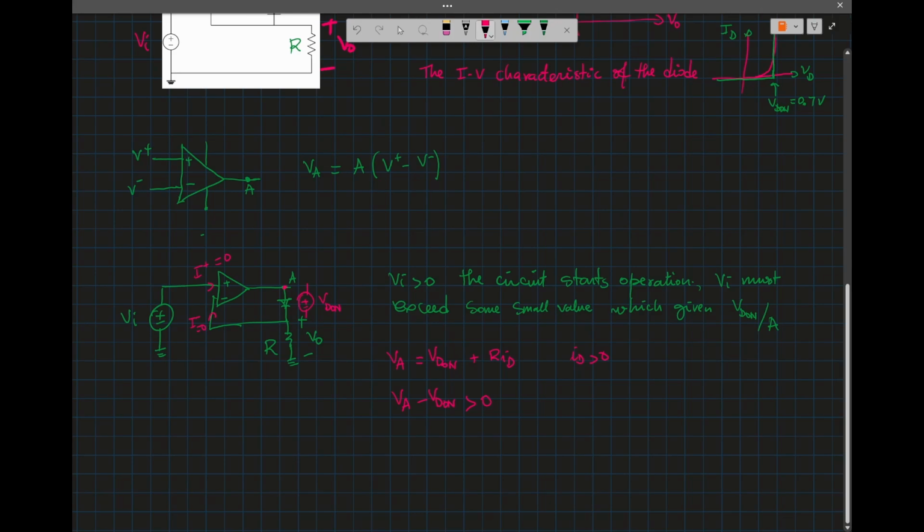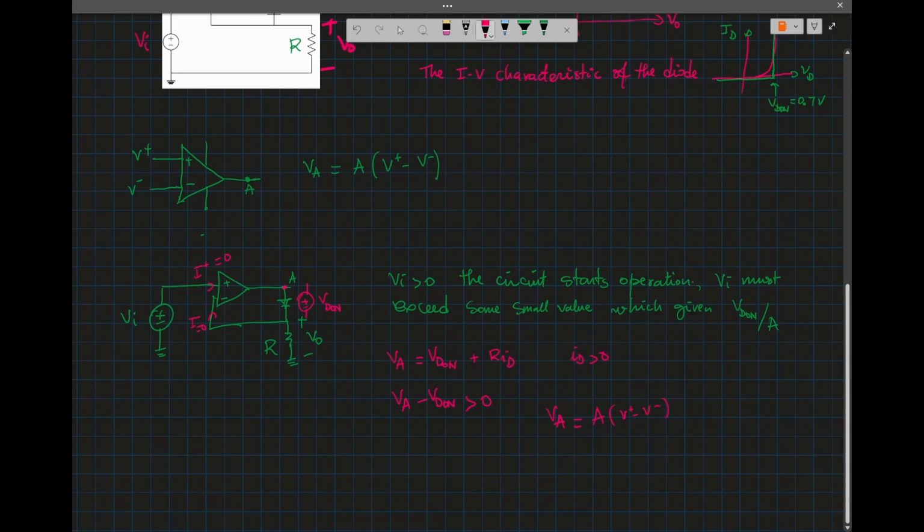Now, what is VA? We know that VA is equal to A times V plus minus V minus.